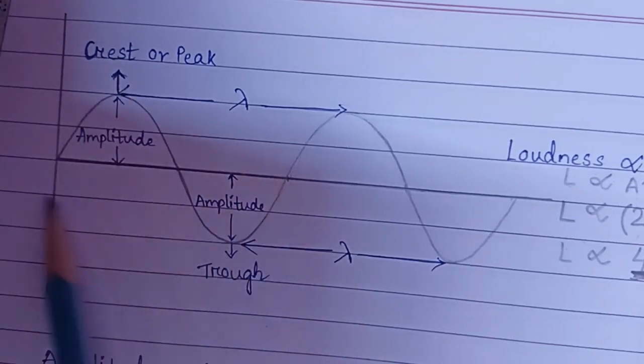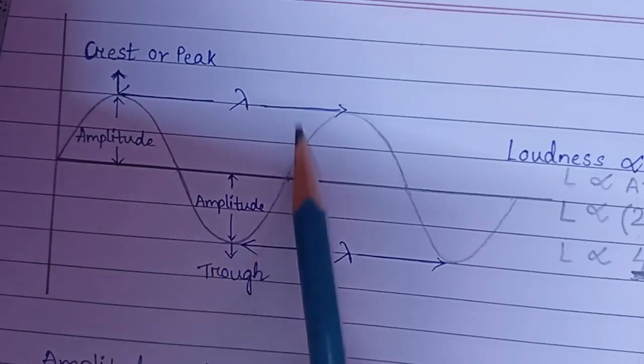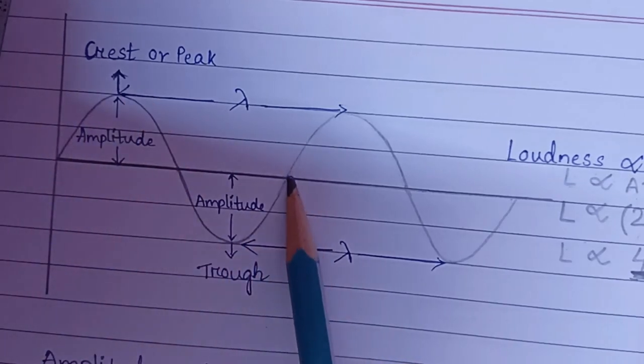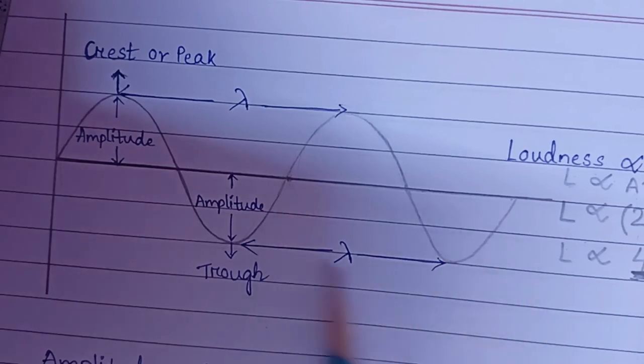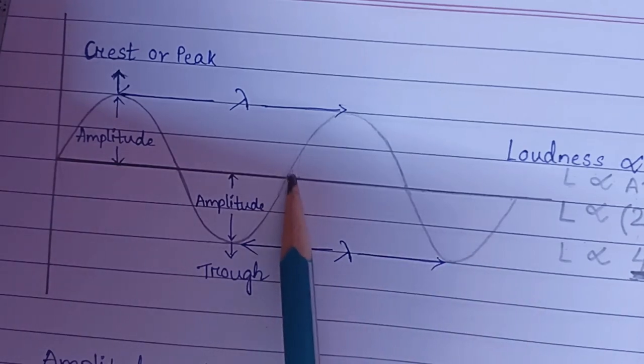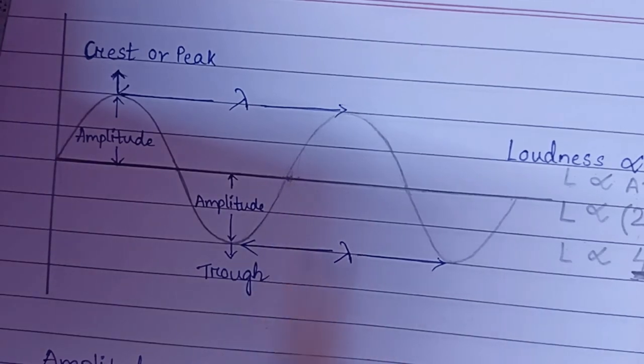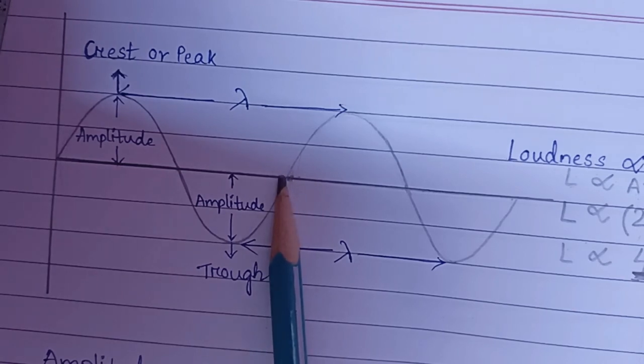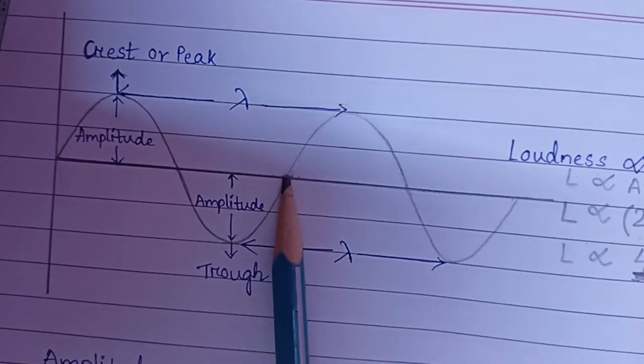That number of waves in a given time is referred to as frequency. So frequency is nothing but the number of waves that pass a fixed place in a given amount of time.